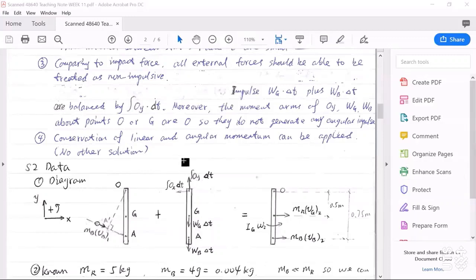In the middle is the impulse diagram, and here we can indicate the impulse generated by WG, the weight force of the slant rod, WB, the weight force of the bullet, and the reaction force at this fixed axis, OX and OY.